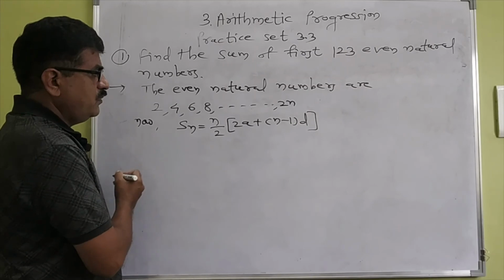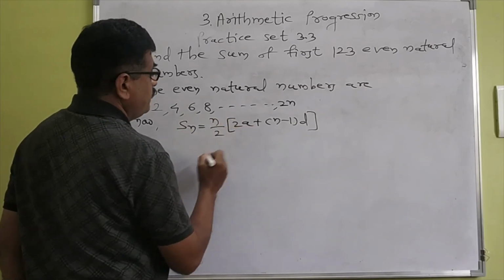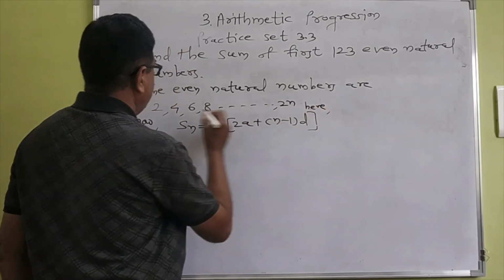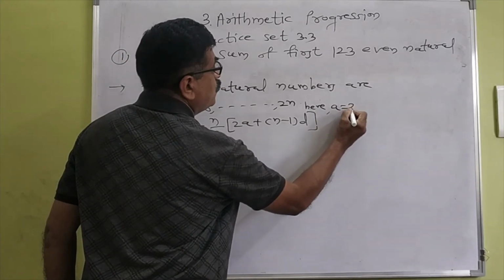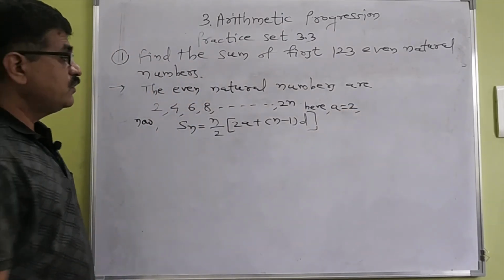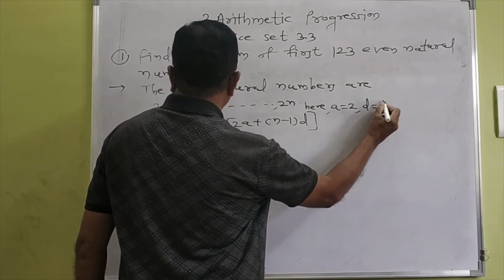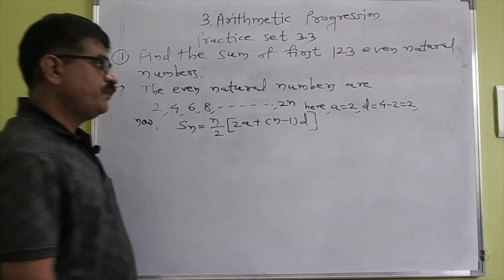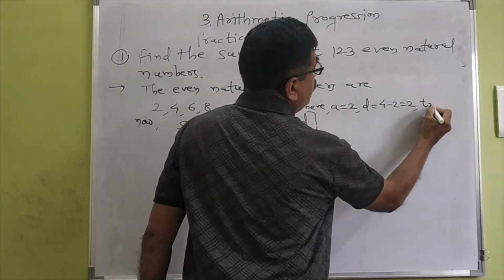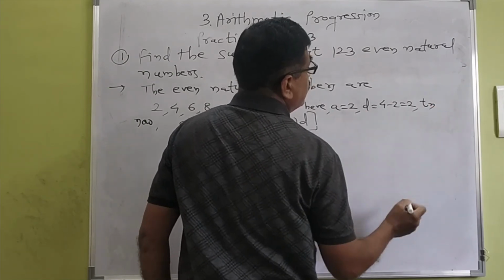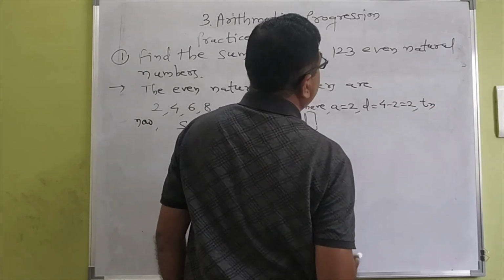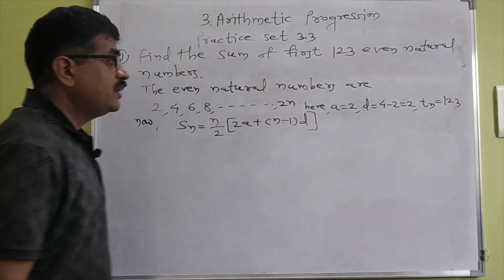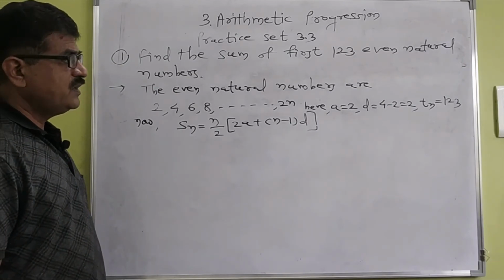First write down here the first term a is equal to 2, and we have to find the common difference. d is equal to 4 minus 2 is equal to 2.